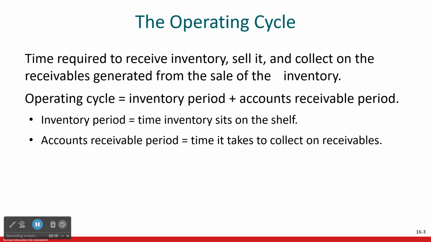Going back to prior chapters, when we talk about the number of days in inventory, that's the inventory period. The number of days in receivables, that would be the receivable period. And so adding these together, you could potentially have many weeks, if not months, between the two.